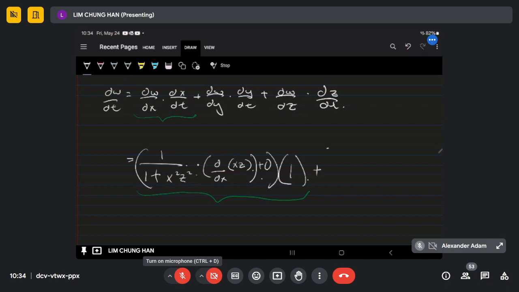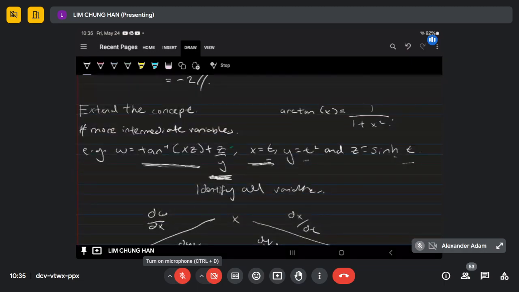Plus dw dy. Okay, so differentiate this against y. Well, x is constant. If we do dw dy, that means x is constant, z is constant. What does that mean?